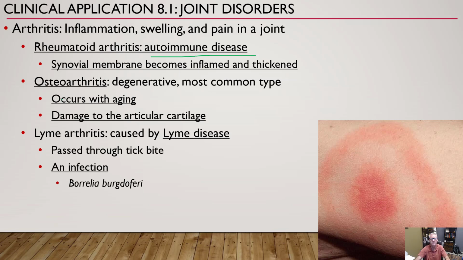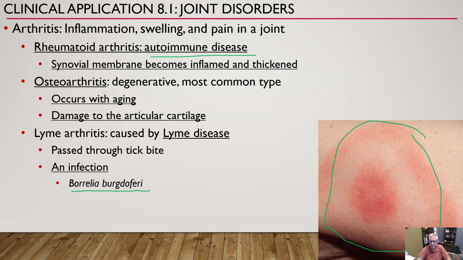With Lyme disease, you get bit by a tick, and the tick has this bacteria in them called Borrelia burgdorferi, and it's very easily identifiable because you have this nice, we call it a bullseye appearance.